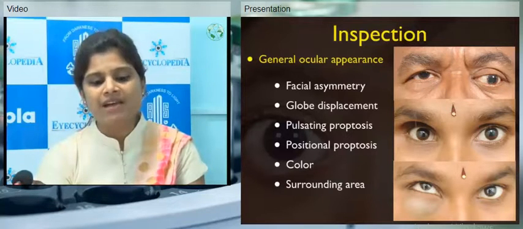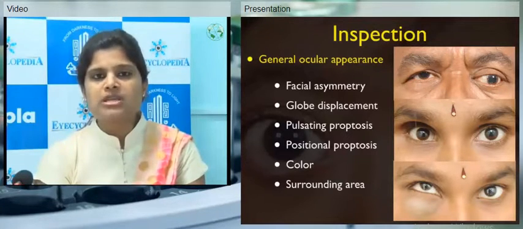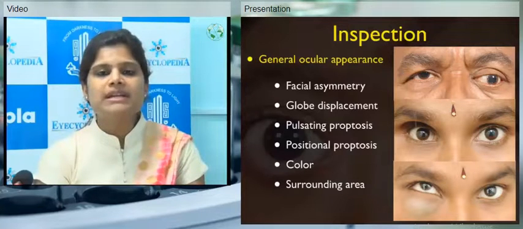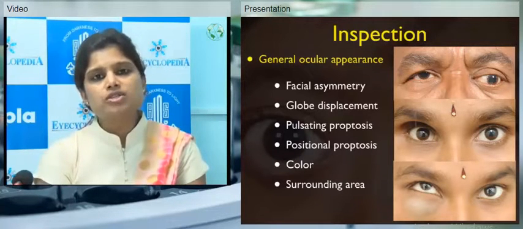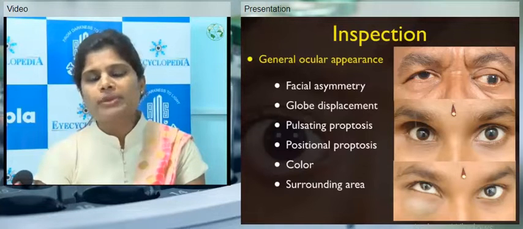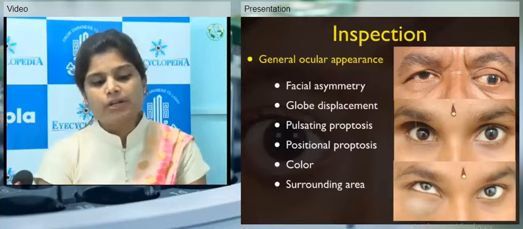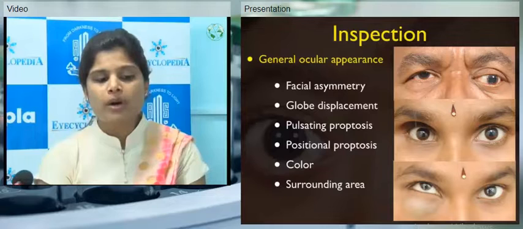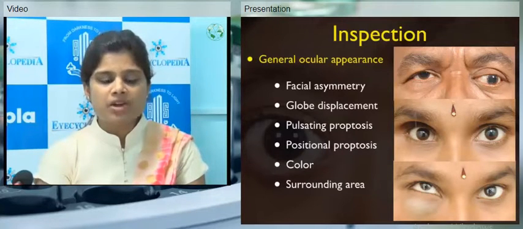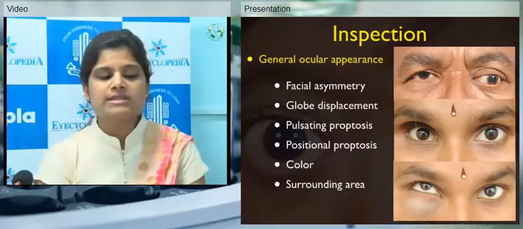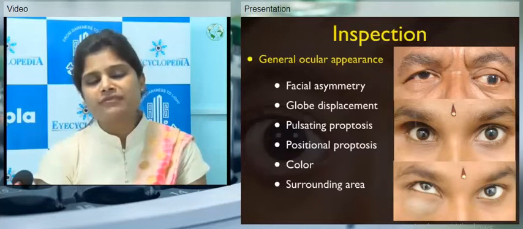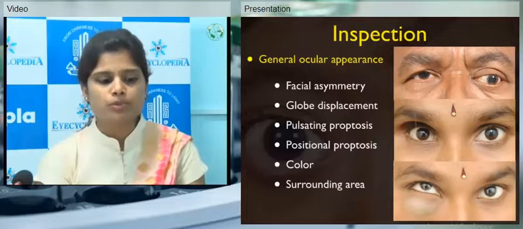Or it can sometimes happen in cases of trauma, where the roof of the orbit has been distorted, causing transmitted pulsations and thus pulsating proptosis. And even a carotico-cavernous fistula can have pulsating proptosis.